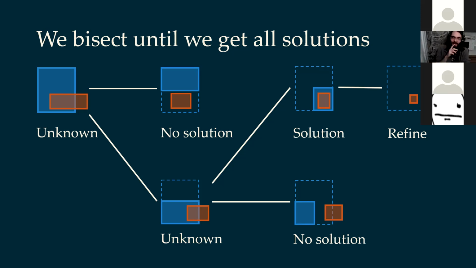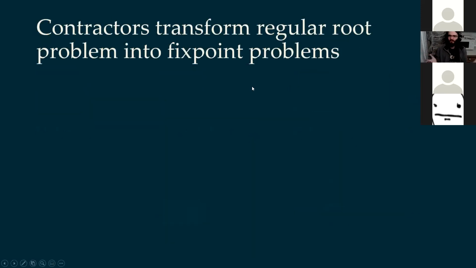And then you may ask yourself, because I told you a bit about fixed point problems, what do you do if your problem is not a fixed point problem? We have something that is called a contractor. I think it's different to what was presented by David earlier, or in another talk, about contractors for constraints. But the idea is, again, quite simple.